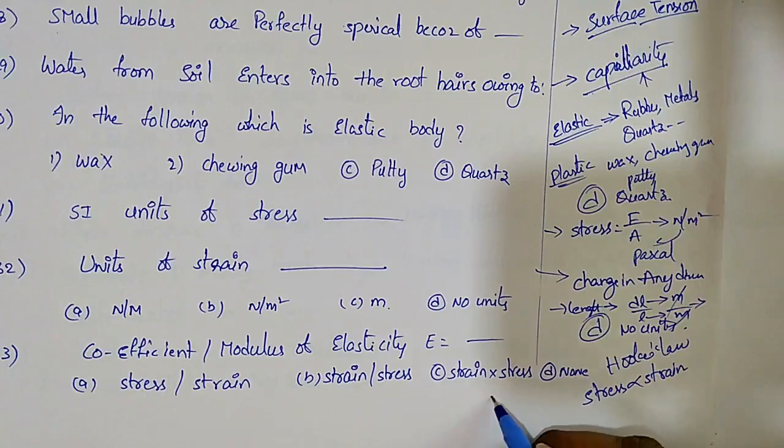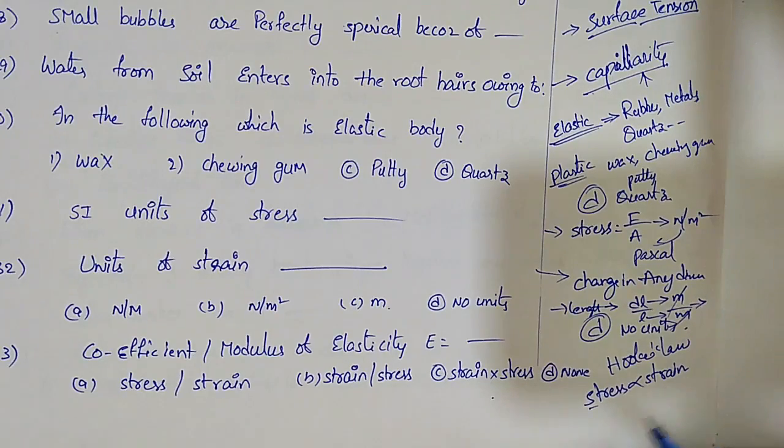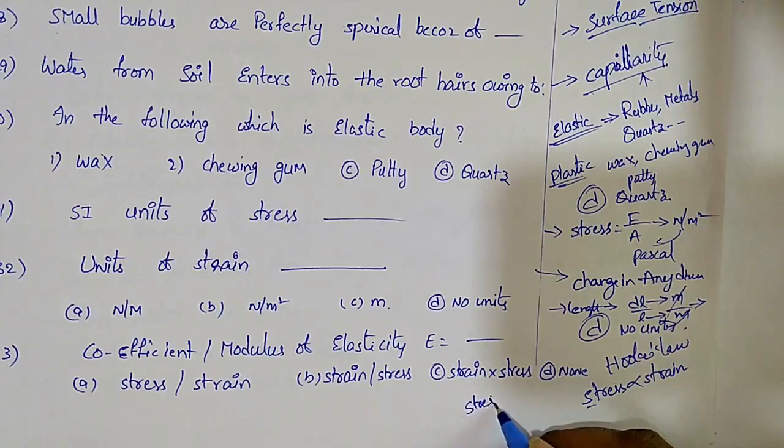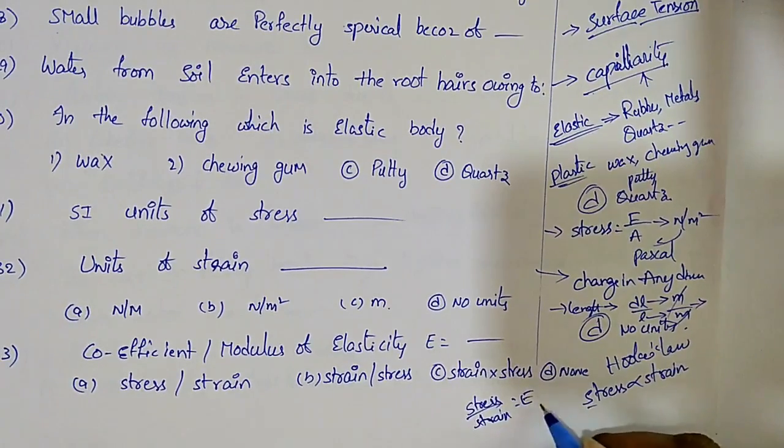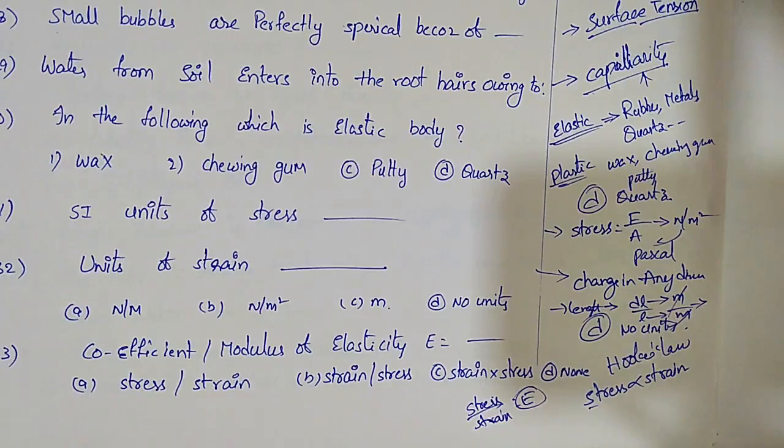That means stress by strain equals a constant. That constant is nothing but the modulus of elasticity. Stress by strain is E. So the modulus of elasticity equals stress by strain, that is option A.